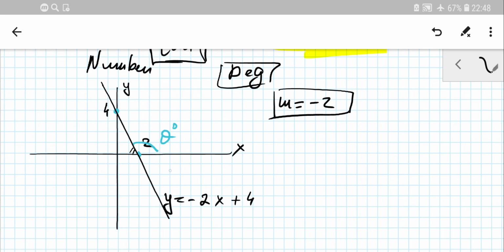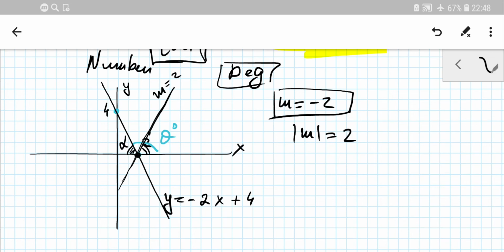If we take the absolute value of the gradient, 2, we've got a line that goes in the same manner but with a positive slope. So we get this angle, which is equivalent to that.